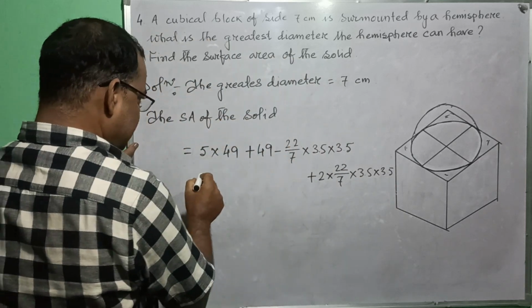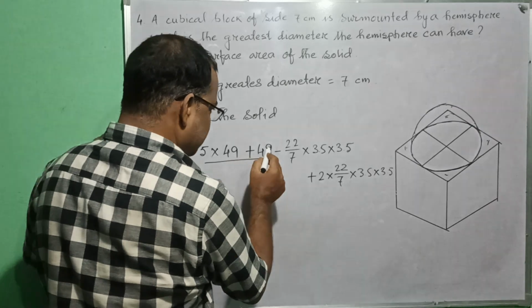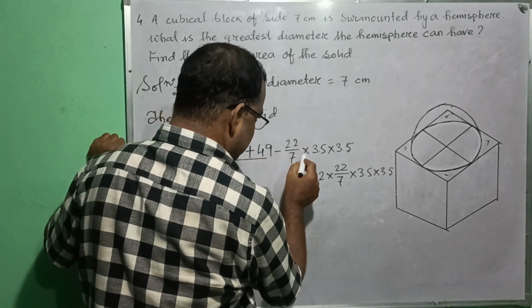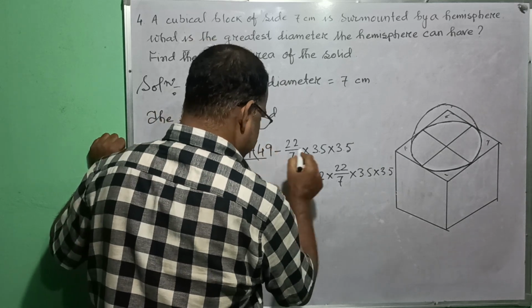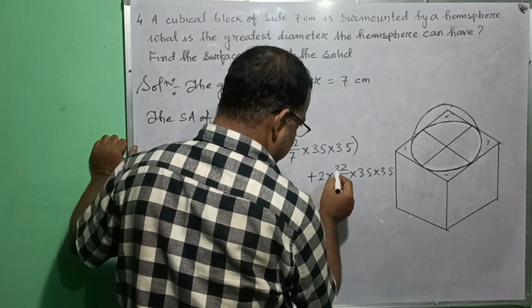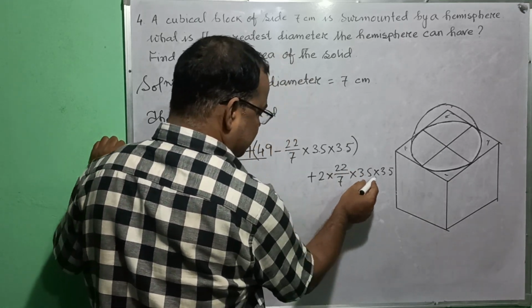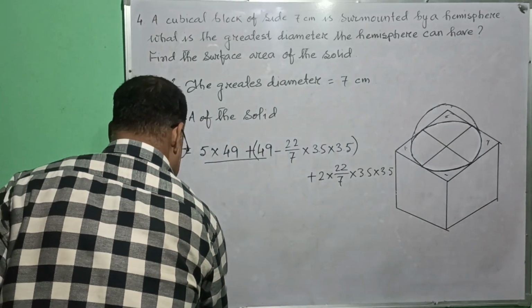So you see it clearly. Here it is 5 into 49 plus, in a bracket, 49 minus 22 by 7 into 3.5 into 3.5, and the third one is plus 2 into 22 by 7 into 3.5 into 3.5. So this is now only to calculate.